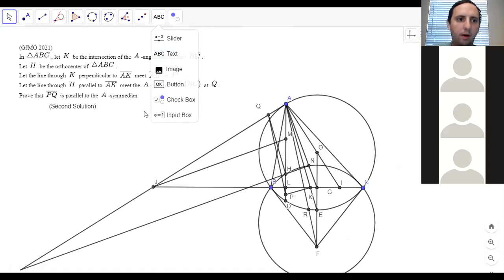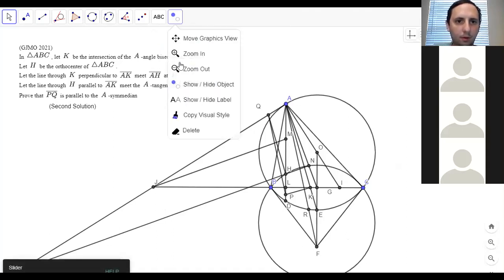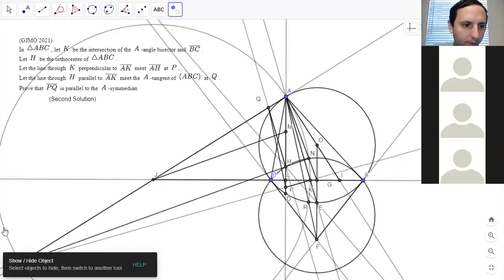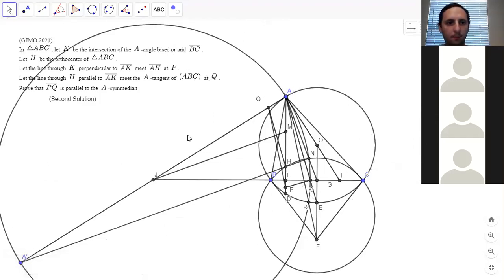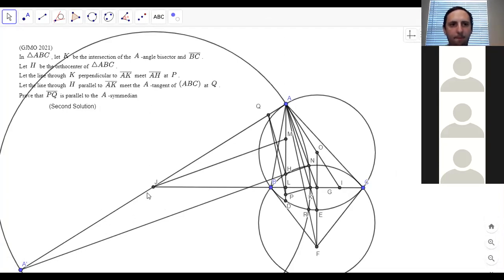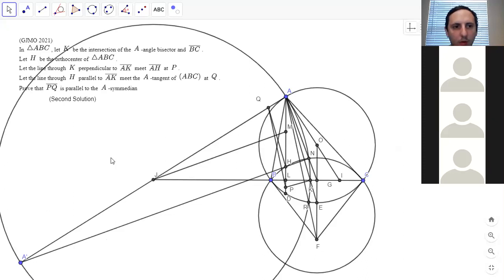Okay, so the circle with radius, yeah, I'll draw that circle. It's just a circle.